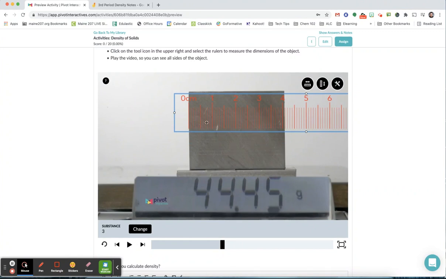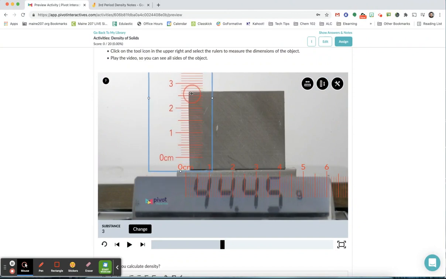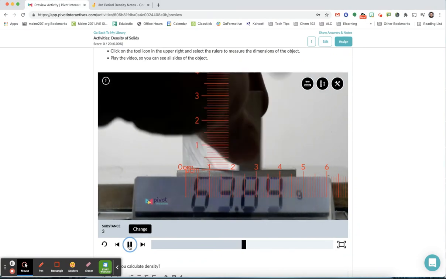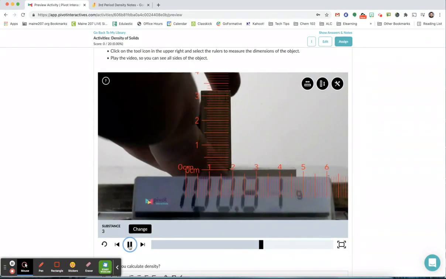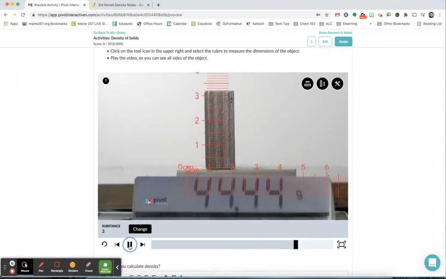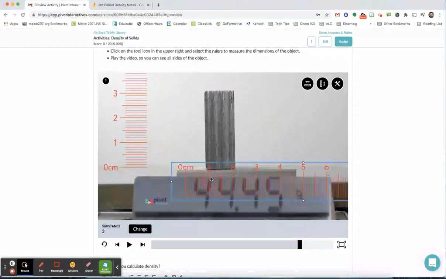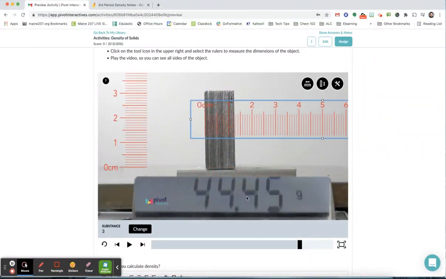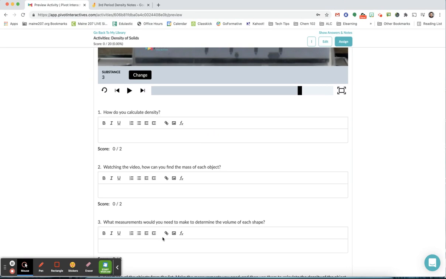And remember, this is a standard centimeter ruler, so your measurements are going to be to 2 decimal places. You can do a vertical ruler to measure the height, and then let the video play so that they can adjust it. And now you can get your final measurement, which was width. So you now have the mass, the width, the height, and the length, all 4 values you need.